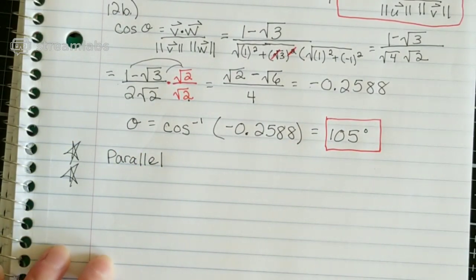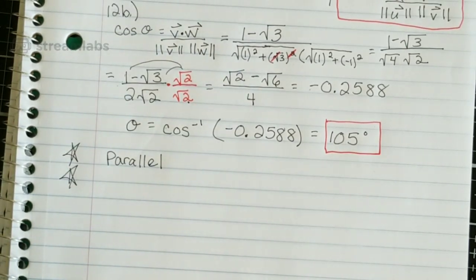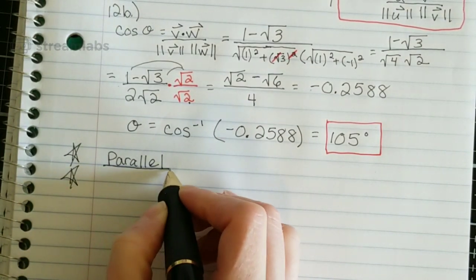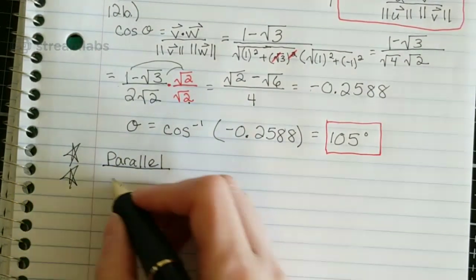Okay, so for parallel, you have to have 2 vectors. All right, so let's start this out. So for parallel, we have 2 vectors.